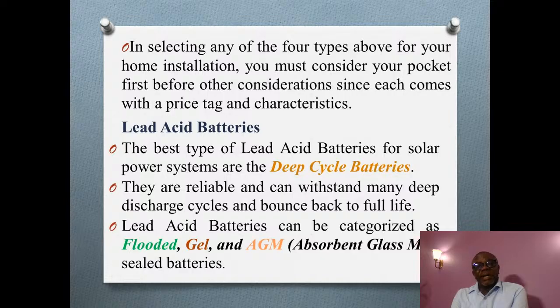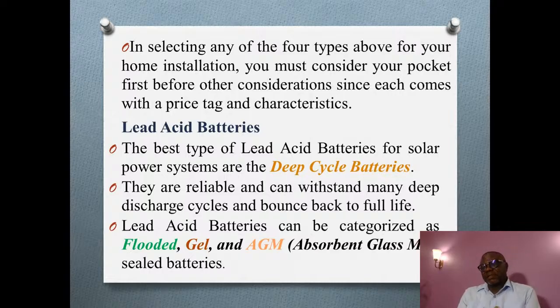When we say that these lead acid batteries can withstand so many deep cycle discharges, the meaning is that if you use the battery and it discharges to the point zero, if you charge it again, it will still be able to be fully charged.